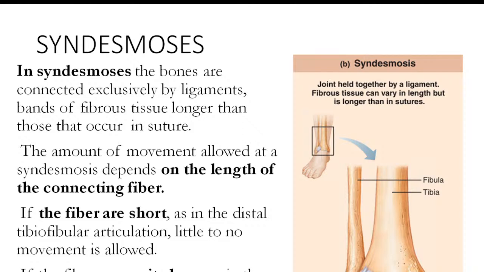If the fibers are quite long, as in the interosseous membrane between radius and ulna, a large amount of movement is possible. What do you see? Ligament, the ligament membrane.